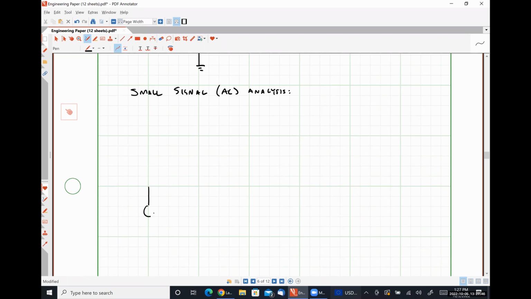So here is our input voltage, Vin. Those bias voltages look like short circuits to ground. Here is the gate of transistor 1. Here is the source of transistor 1.